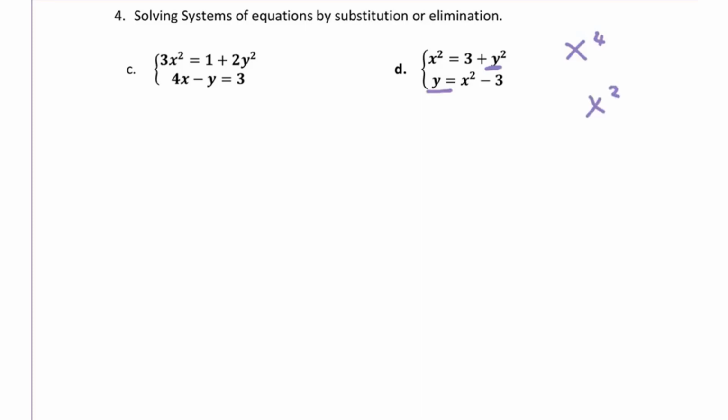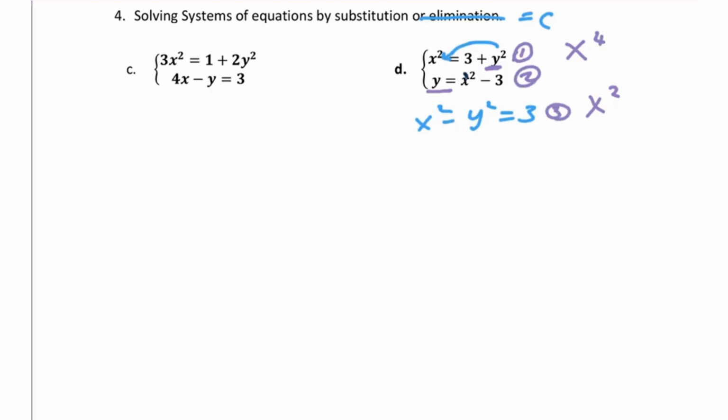Therefore, you can try elimination this time. Try to get equal to a constant. So we move y squared to the left side. We got x squared minus y squared equals 3. This is 1, here's 2. This will be the third equation.